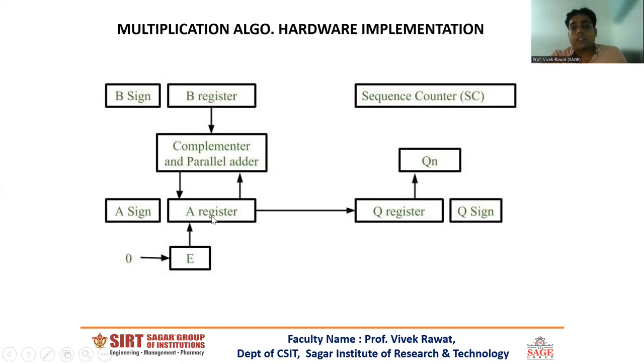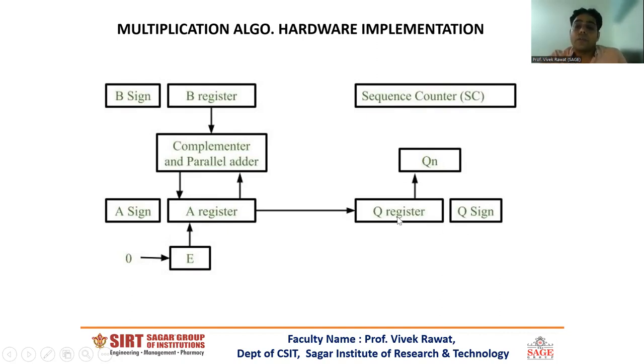In the A register, we have A sign, the B register has B sign, and the Q register has Q sign. This is the sign bit of the particular number. Sign digit means minus or plus, denoted by 0 and 1.